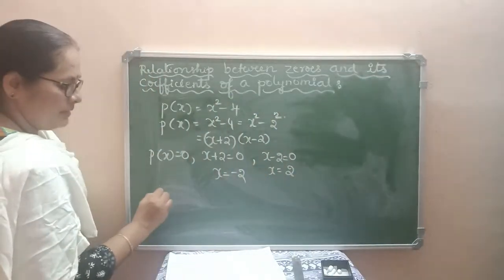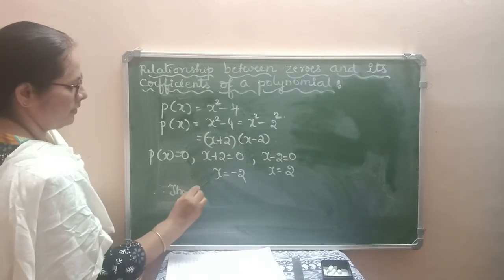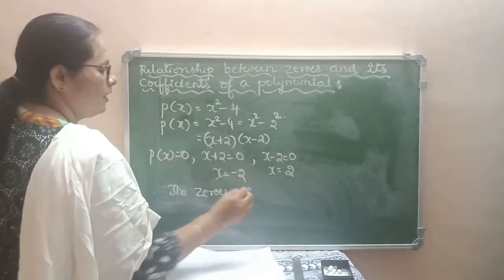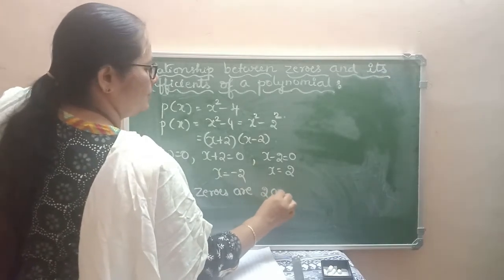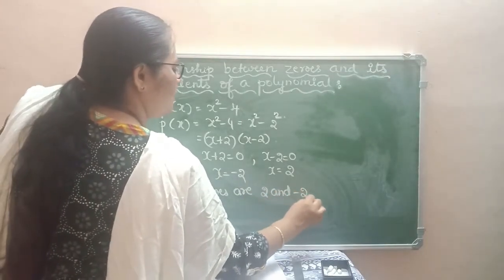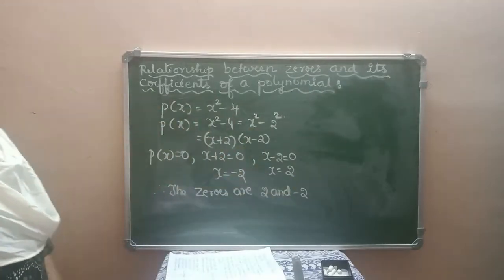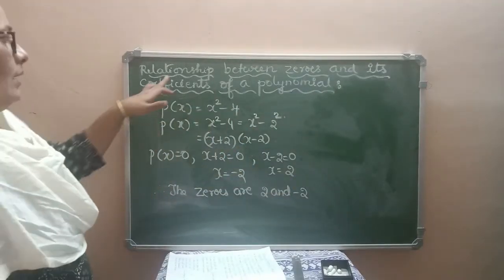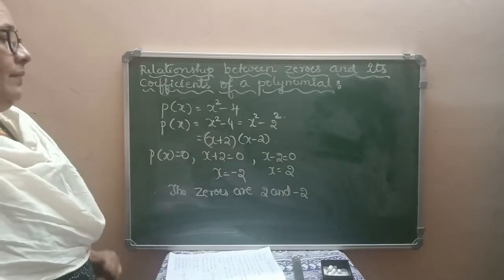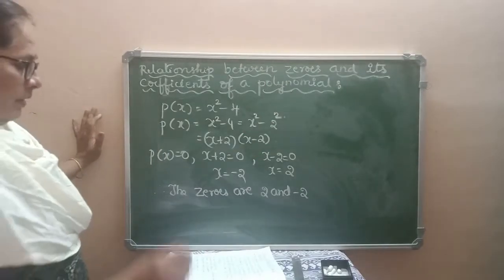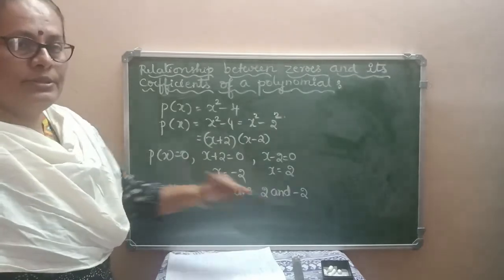Therefore, the zeros are 2 and minus 2. Now we have to find the relationship between these zeros and the coefficients. Now I will add these two zeros.